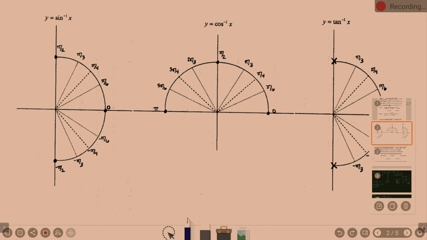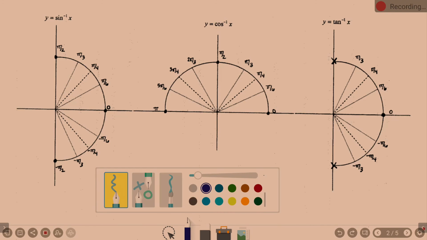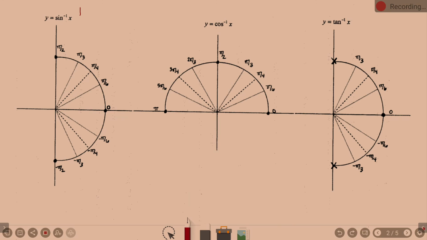Okay. With that in mind, notice right here is our sine inverse, right? What this shows is your accepted range values. Okay? And that kind of puts it in a graph form, so to speak. But these are the accepted range values.